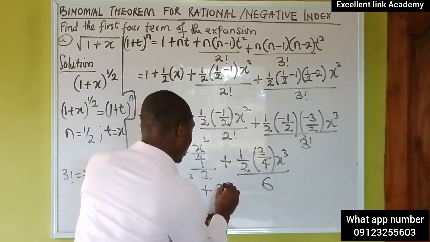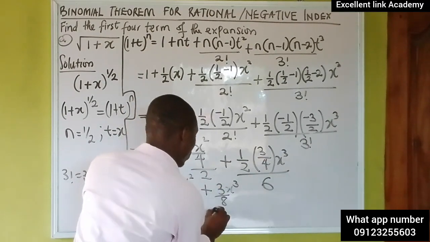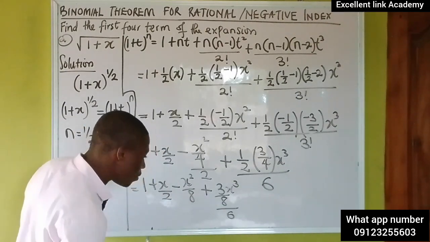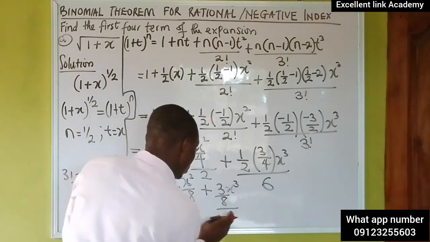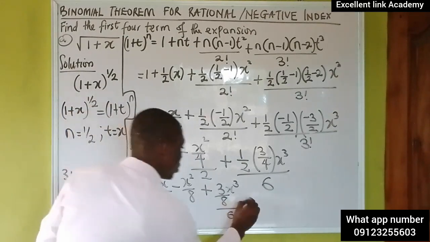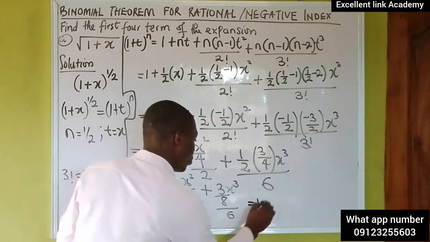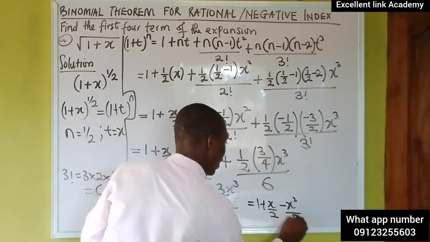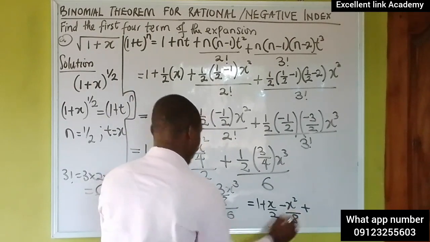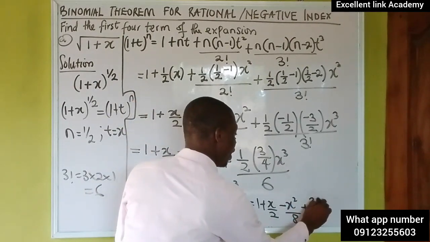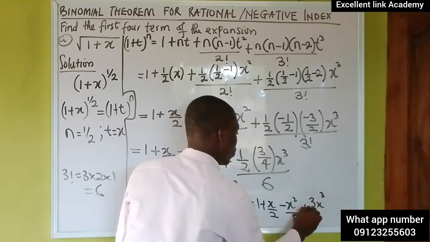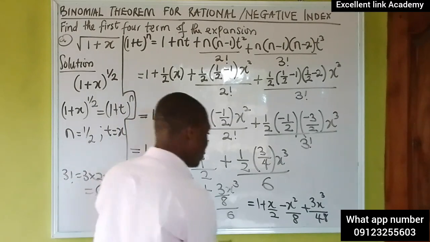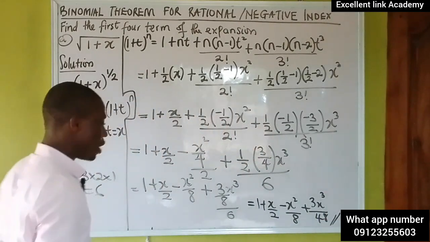This is my 8. x cubed, this x cubed over 6. This multiplies this. I'll have 48. So that becomes 1 plus x over 2 minus x squared over 8 plus 3 x cubed over 48. So there's my answer to that question.